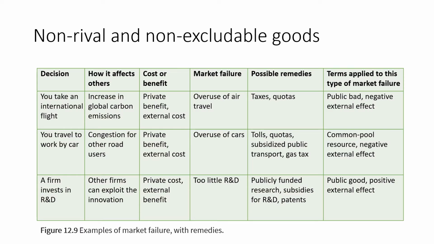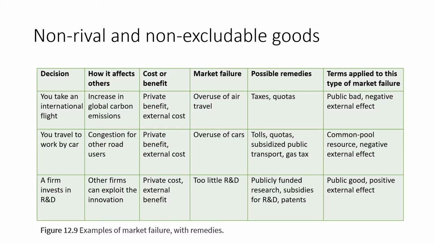Non-rival and non-excludable good. So here are some examples of market failures and remedies. For instance, you take an international flight. When you take this flight, there's going to be an increase in global carbon emissions. There's a private benefit to you from taking the flight to get to where you want to go.